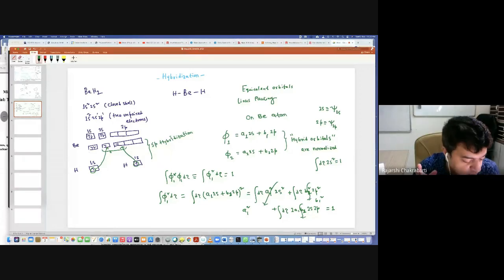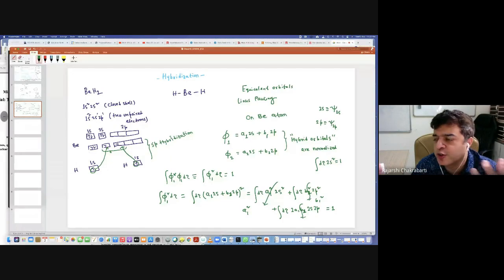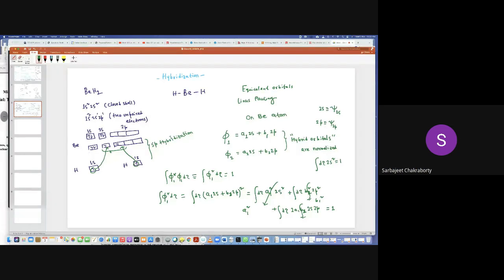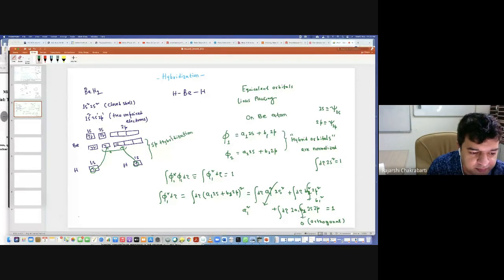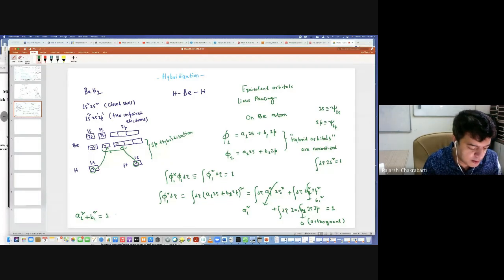Same orbital, 2s and 2p. What is going to happen? They're orthogonal, no? It is going to be 0. So what I have here is a1 square plus b1 square is equal to 1.